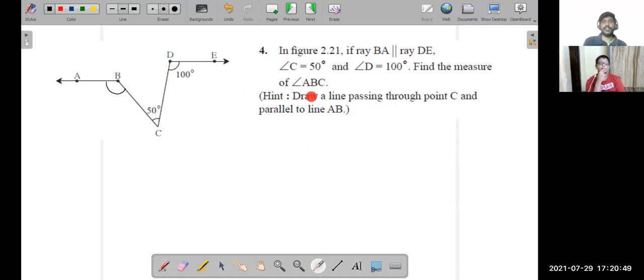The hint is given: draw a line passing through point C and parallel to AB. They have just given you a hint. So let's draw it. I'll draw this line and make it dotted. So I've drawn a dotted line passing through point C and parallel to AB.